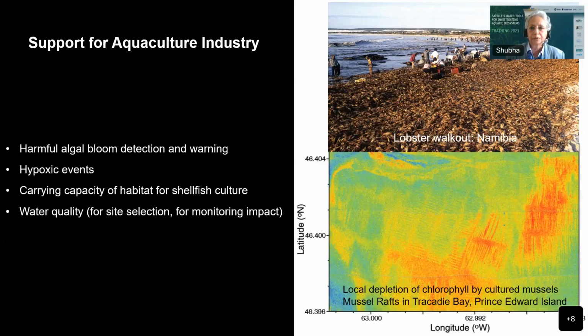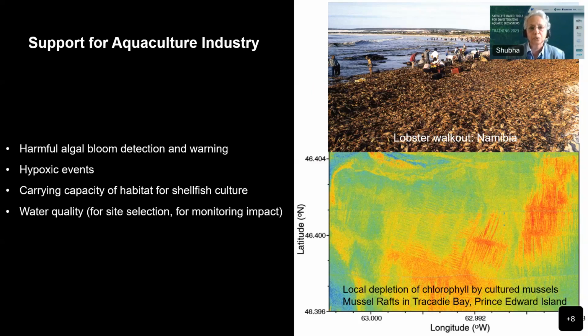There are also ways in which you can use space technologies to support the aquaculture industry. In fact, as we are fishing down the food chain and the harvest fisheries are struggling more and more, it's becoming an increasing problem to provide high quality food for the growing populations, and governments are turning more and more to aquaculture.